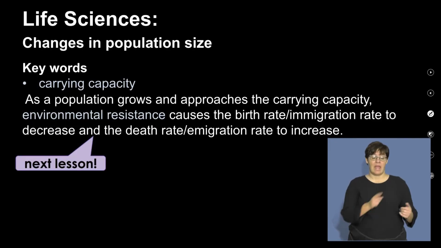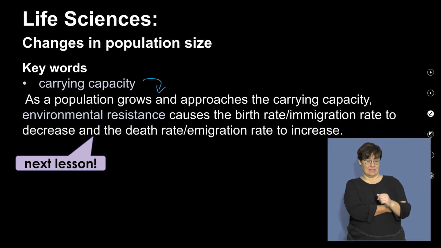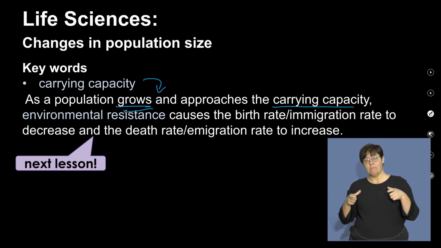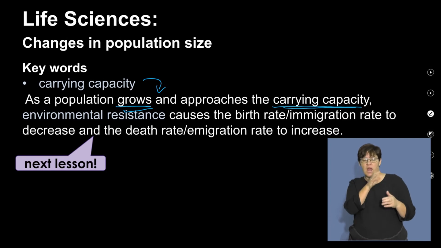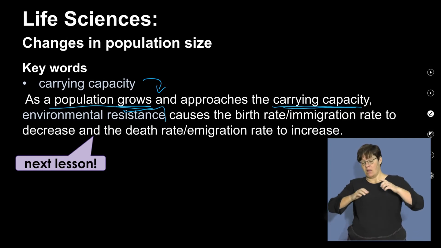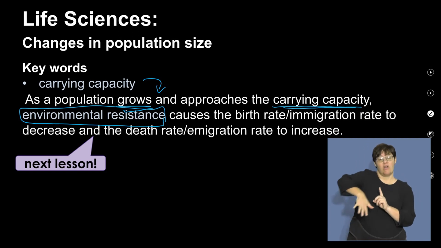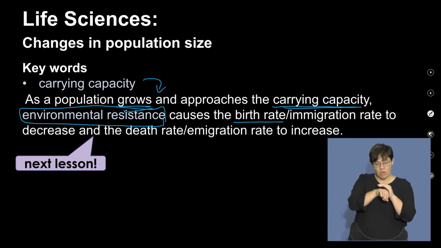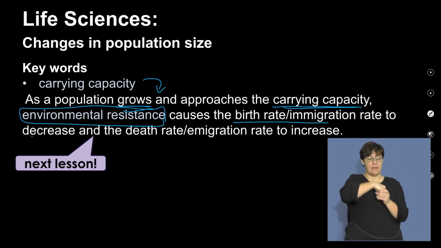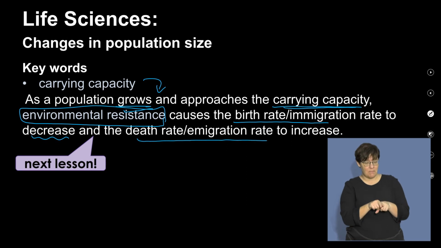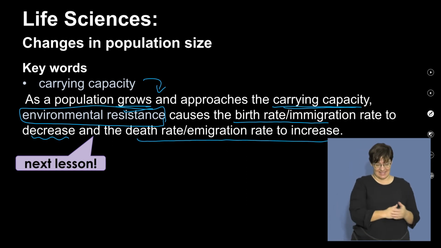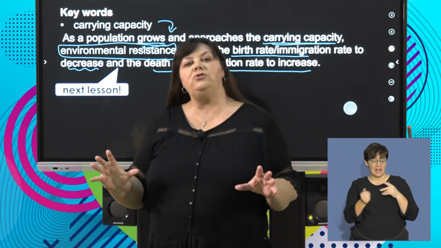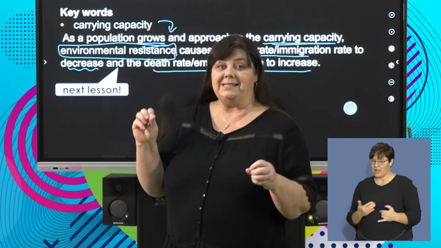Now, relating to carrying capacity, as the population grows and starts approaching the carrying capacity, we see something called environmental resistance coming into the picture, which causes the birth rate or the immigration rate to decrease and the death rate to increase. And of course, we have to leave something good for next time. So I'm not going to deal with environmental resistance in this lesson.